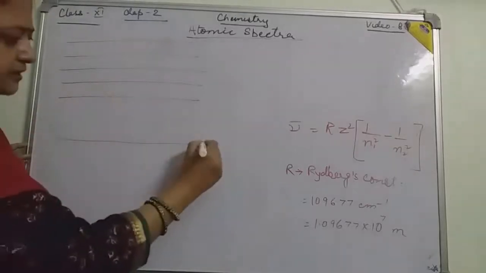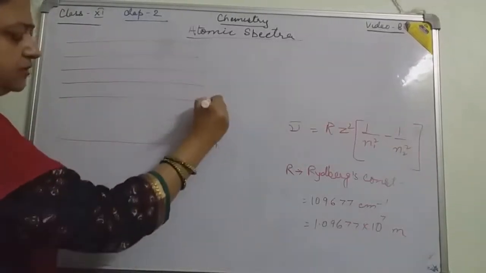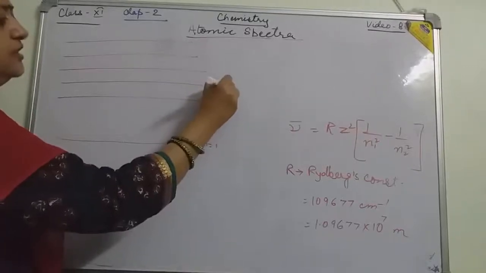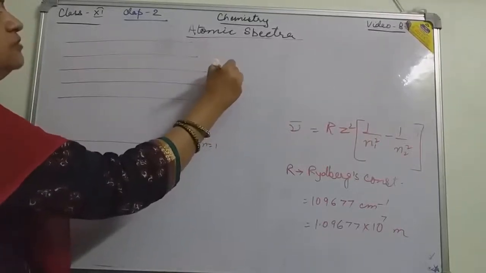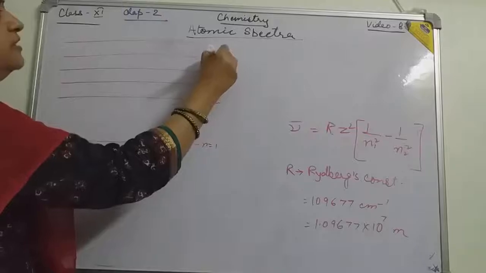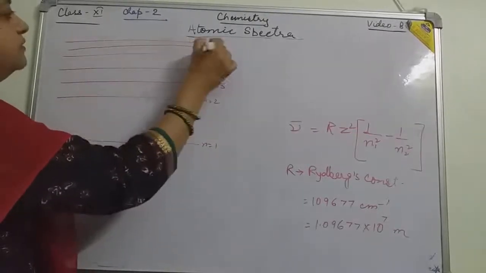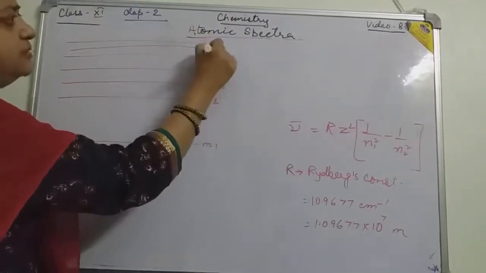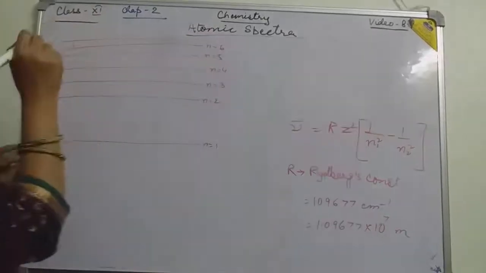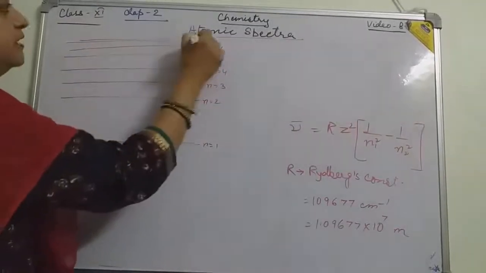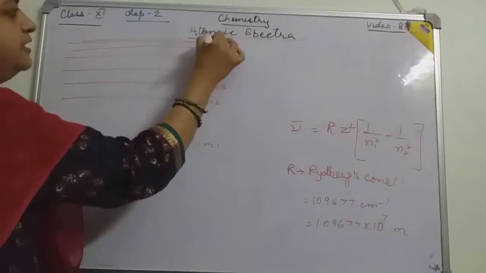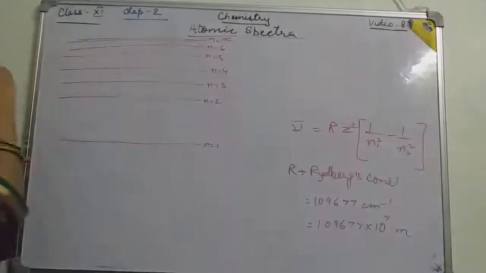It is n equal to 1, n equal to 2, n equal to 3, n equal to 4, n equal to 5. As we go up, the difference between the lines becomes minimum, and at last n equal to infinity.